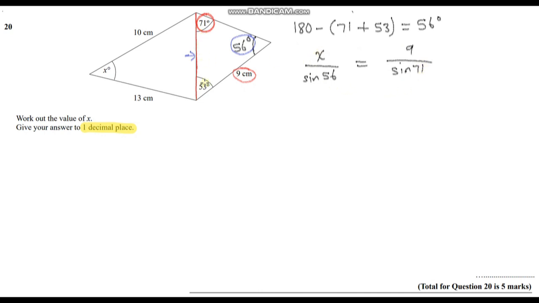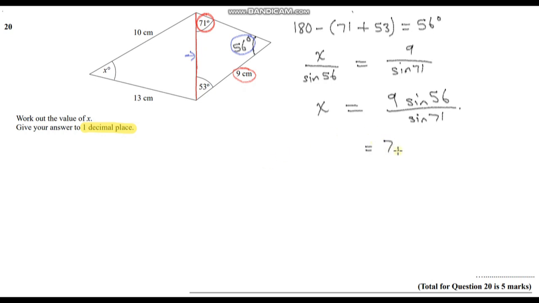So now we can work out what this side length is. If we multiply both sides by sine of 56, we get x equals 9 times the sine of 56 over the sine of 71. And we just need to pop that into our calculator. So 9 times the sine of 56, close brackets, divided by the sine of 71 degrees.